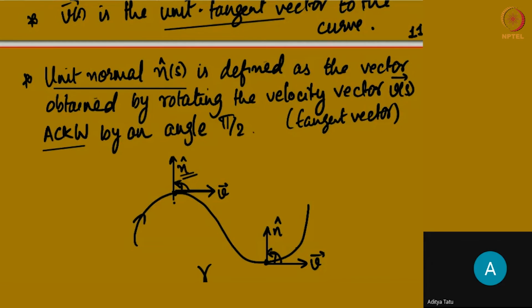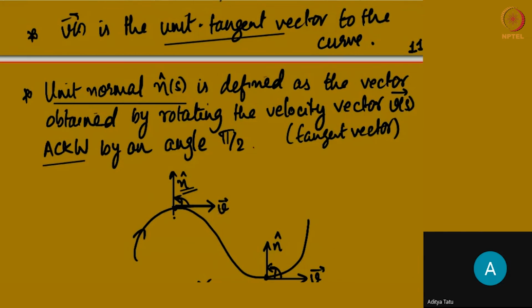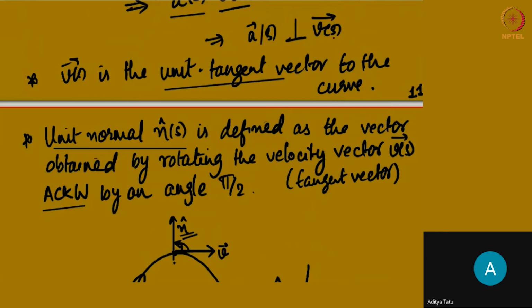So now we have two vectors which are perpendicular to your velocity vector or your tangent vector. What should be the relation between these two vectors? Should I repeat the question? The question is, you have your acceleration vector which is perpendicular to your velocity vector or the unit tangent vector.